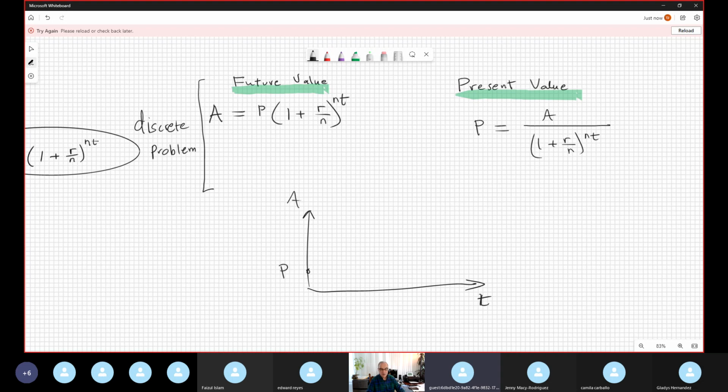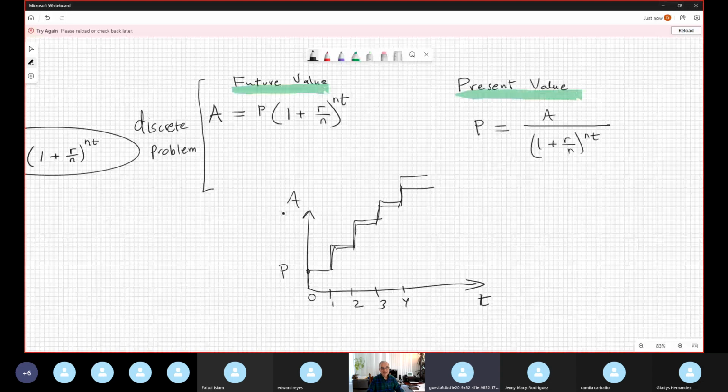We start with P, and suppose it's annually, semi-annually, monthly, I don't know. We have 1, 2, 3, 4, and this represents the periods. And my money increases like that: boom, boom, boom, boom. Not necessarily the width of each step is the same. Because the interest rate is added each period. This is a typical discrete problem in which my money increases like stairs.